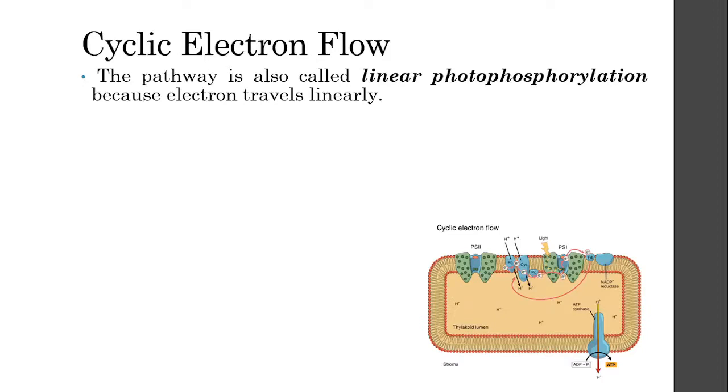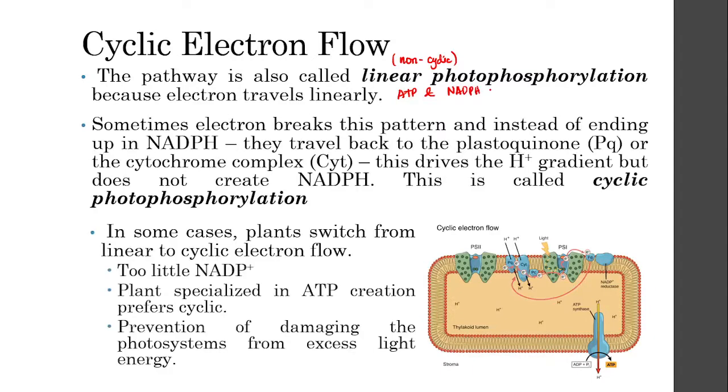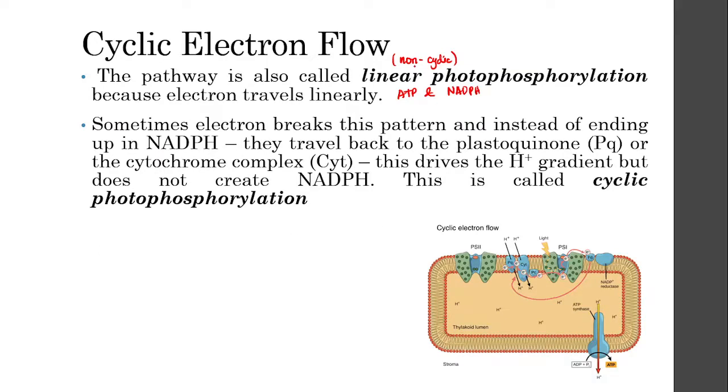So the linear, or non-cyclic, photophosphorylation is the standard process where we create ATP and NADPH. But there's another process which breaks this cycle called the cyclic photophosphorylation, wherein the ferredoxin moves the electron not to your NADP+ reductase but back to your plastoquinone or cytochrome.